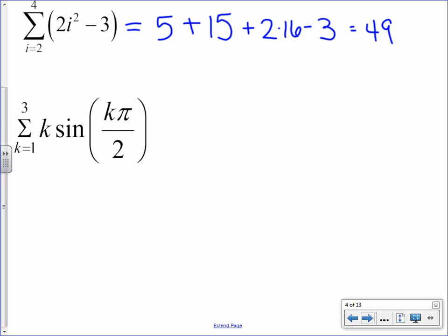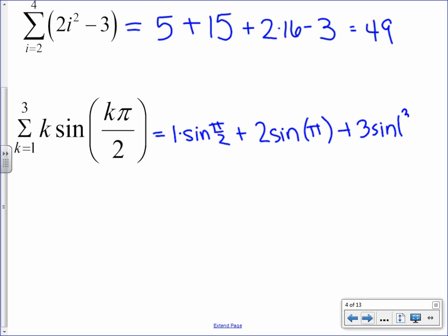Okay? Now, let's look at this one because it looks a little funky. First we start by plugging in 1. So 1 times the sine of pi over 2, plus we plug in 2: 2 times the sine of 2 pi over 2, plus 3 times the sine of 3 pi over 2.